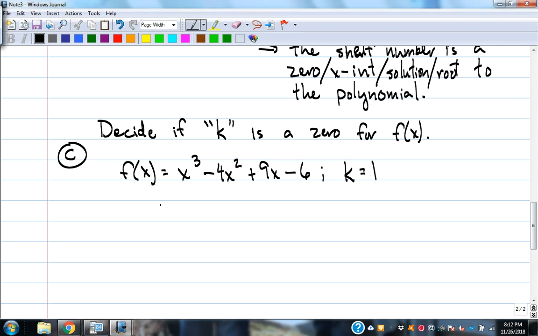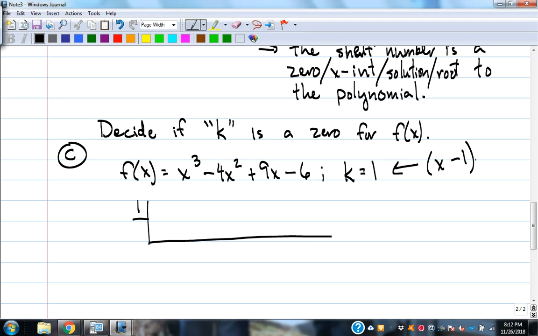Now, what we want to do is take synthetic division and test this. So we're going to put the 1 on the shelf. Okay. That k equals 1, it came from a factor x plus 1. Not plus 1, x minus 1, sorry.